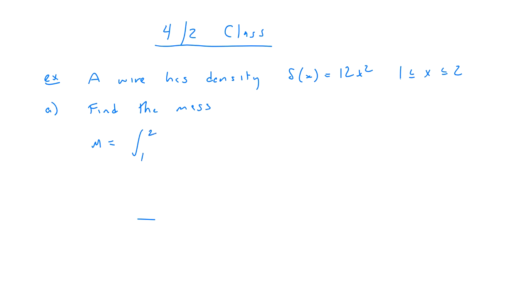And what do I integrate? The density, right? So do the 12x squared. Since I'm going to use it, I might as well get the number. Sorry about the extraneous marks as always. So I get 28.